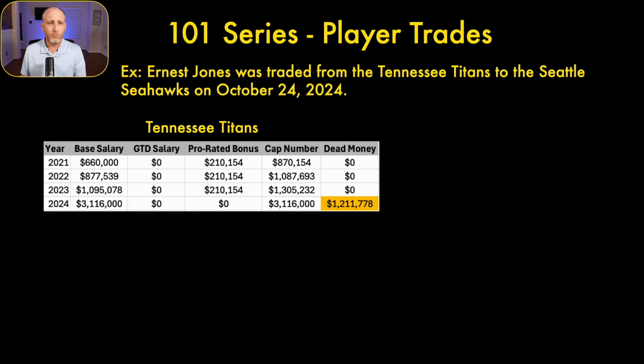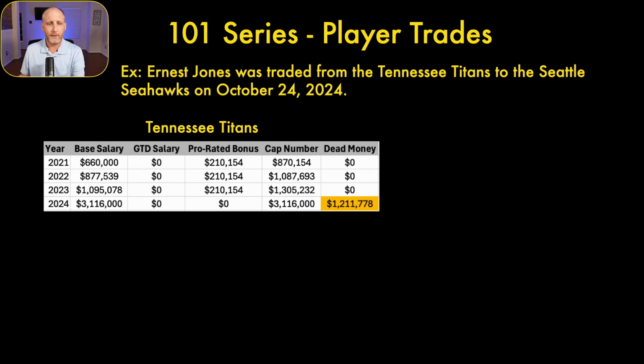There was no prorated bonus in 2024 because they had acquired Ernest Jones in a claim early in the 2024 season. So for them, they were on track to pay Ernest Jones $3.116 million for the 2024 season in just salary. He had no per game roster bonuses, no roster bonus, no workout bonuses or anything like that.